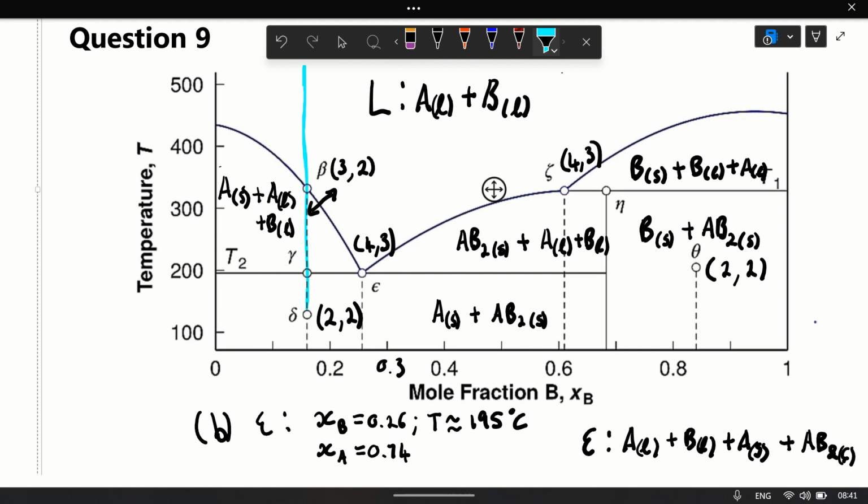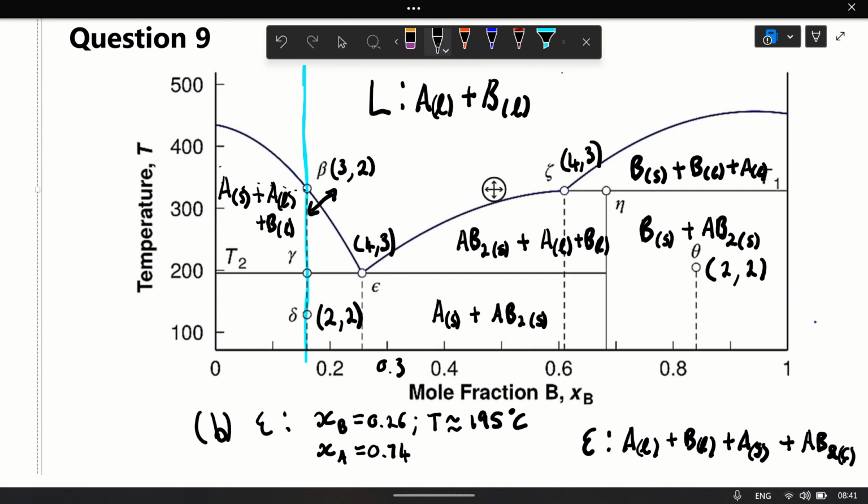Okay, so now we're considering something that cools down at this composition and what happens to it. It cools down, and at this temperature here, we're going to see a rate change, because we have some solid crystallizing. So we go from a liquid to some solid plus liquid, so a rate change.